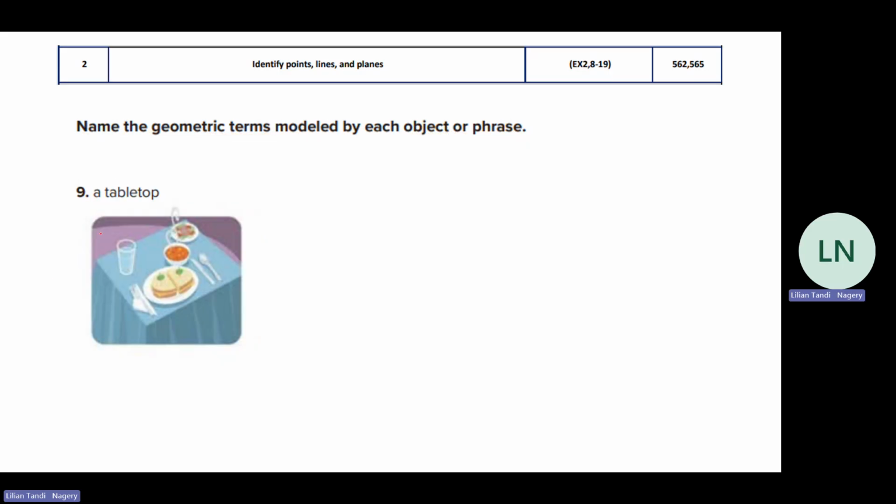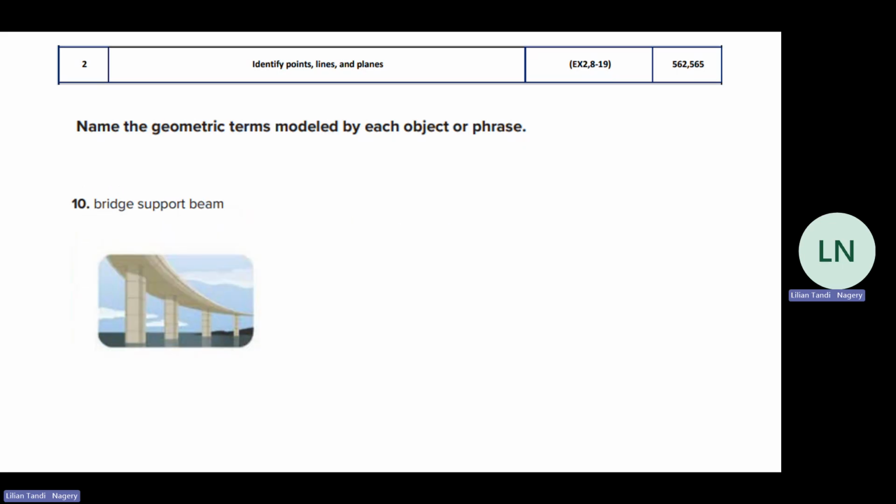The same thing with your tabletop. The top of your table is a rectangle. A rectangle is a flat surface. The flat surface is also two-dimensional, so this is also a plane. Okay, in question 10, we are talking about the bridge support beam.